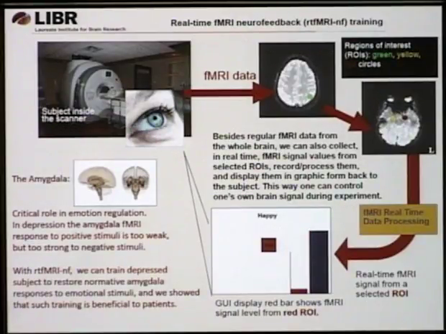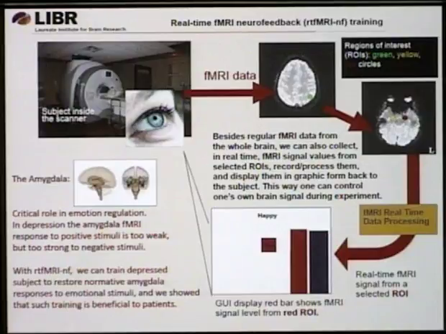On the other hand, if you tell them something bad, the amygdala is on fire. It's working too high. So what we can try to do is show the patient the signal from the amygdala, and try to teach the patient to correct this hypoactivity to positive stimuli.